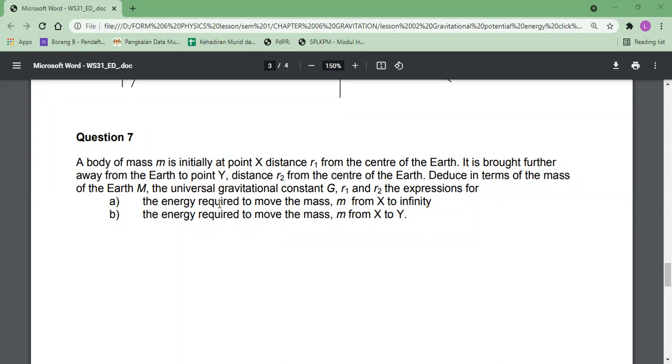Express in terms of the mass of the Earth M and the universal gravitational constant G, R1 and R2, the expression for the energy required to move the mass from x to infinity. So A, what is the energy needed?